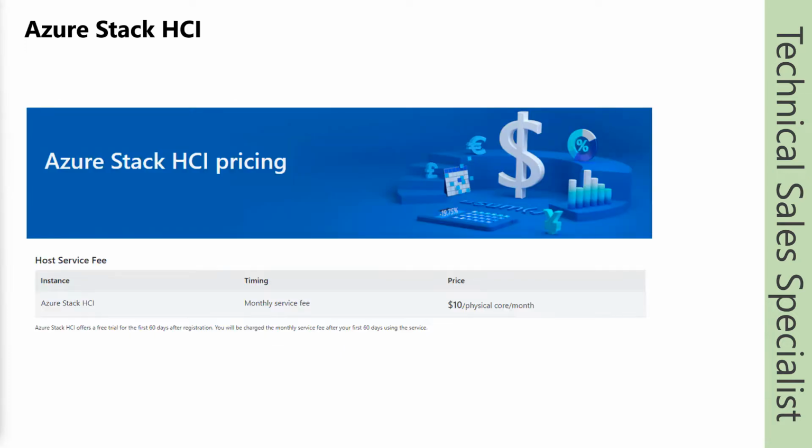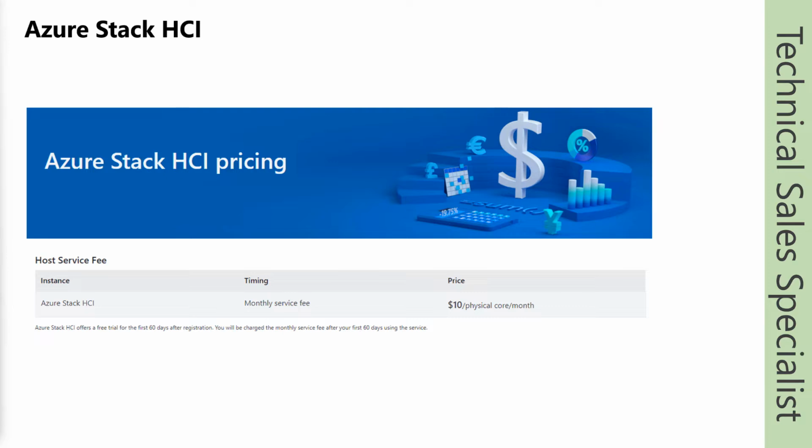Azure Stack HCI is billed, it's priced per physical CPU core per month. The price is $10 per physical core per month. You can view your country-specific prices via the Azure Stack HCI pricing page.